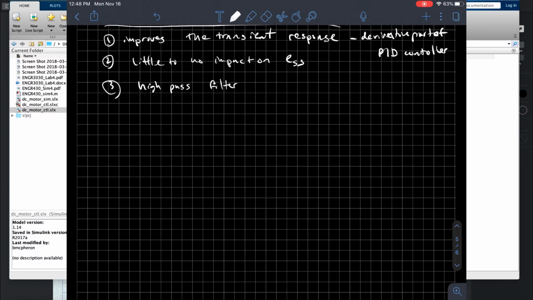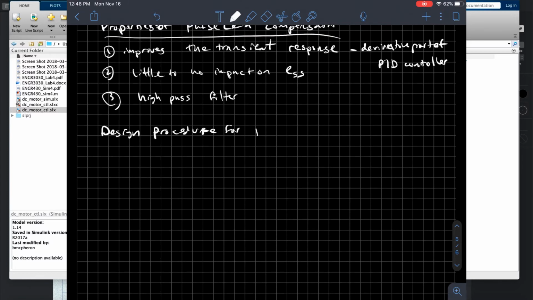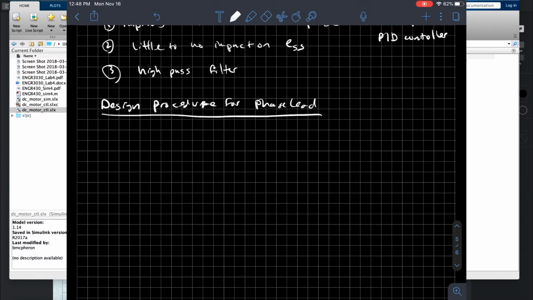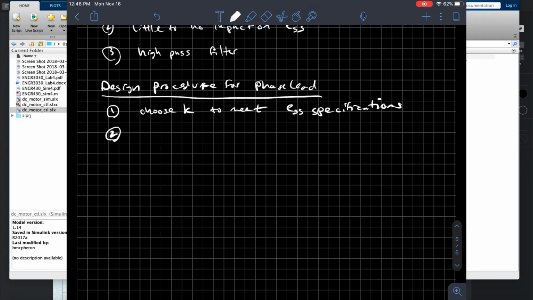So let's look at the design procedure for phase lead. Step 1 is to choose K to meet my steady state error specifications. We'll see how to do this in a little bit. Second, we're going to find the Bode plot of the system, K times the actual plant. And from this I want to find the phase margin and the frequency at which I measure that phase margin.